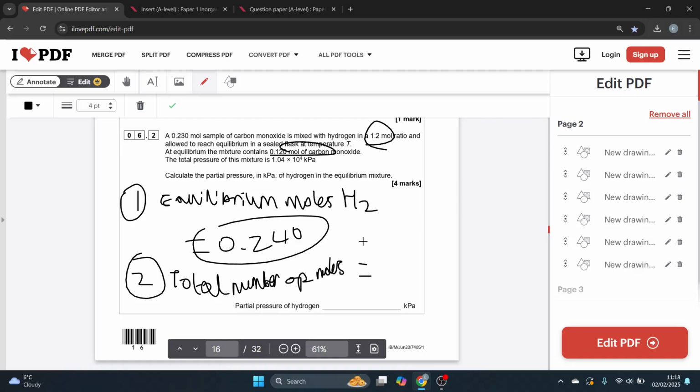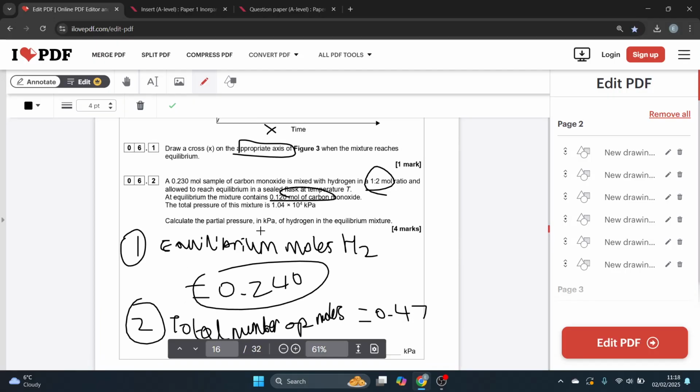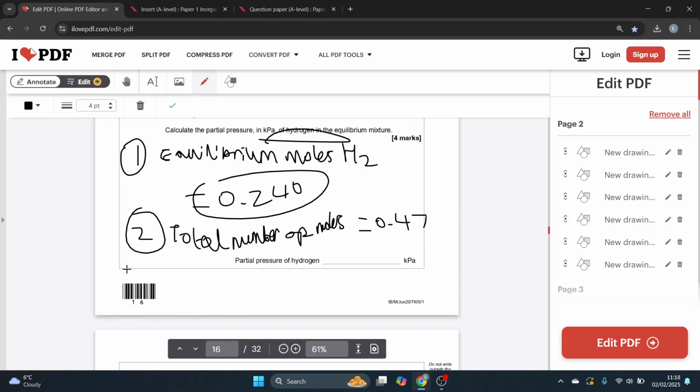And I know 0.230 moles of carbon monoxide is mixed with hydrogen. So the total number of moles is going to be 0.230 plus 0.240, 0.47. Then I want the partial pressure of hydrogen. So what I'm going to have to work out is the mole fraction of hydrogen.